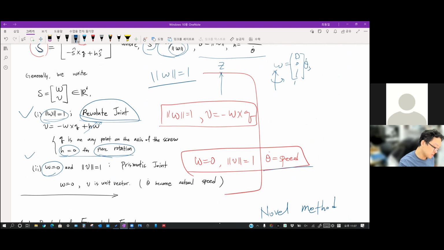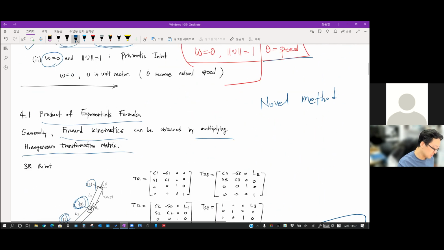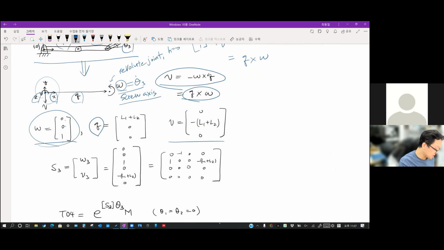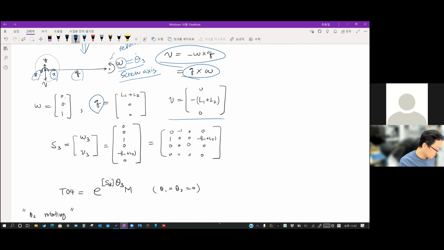So this one is simply omega equals 0, 0, 1, and multiplying Q with omega becomes minus L1 L2. So the screw axis in 6-vector form becomes this one, and also if we express it in the SE3 form, it becomes like this.